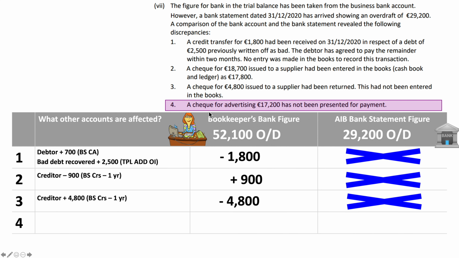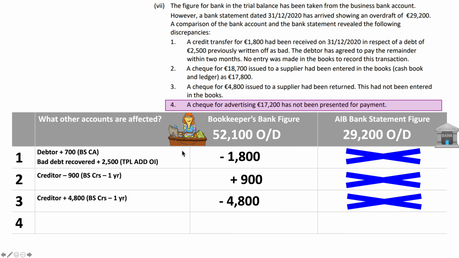Then lastly, a cheque for advertising, 17,200, has not been presented for payment. So imagine the bookkeeper here wrote a cheque to an advertising company for 17,200, and that advertising company just has not brought it into the bank and cashed it.